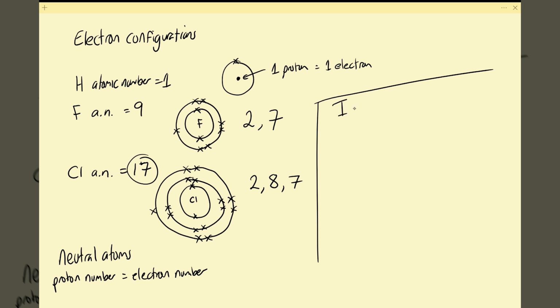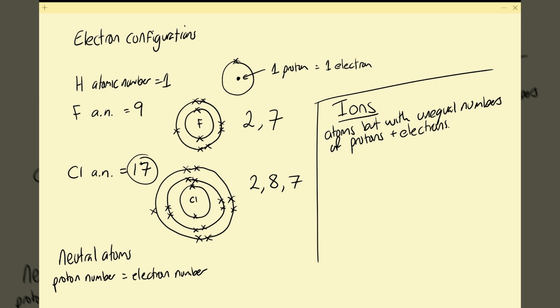These are similar to atoms, but with unequal numbers of protons and electrons. Before, we had equal numbers: 17 protons and 17 electrons for chlorine, 9 of each for fluorine.